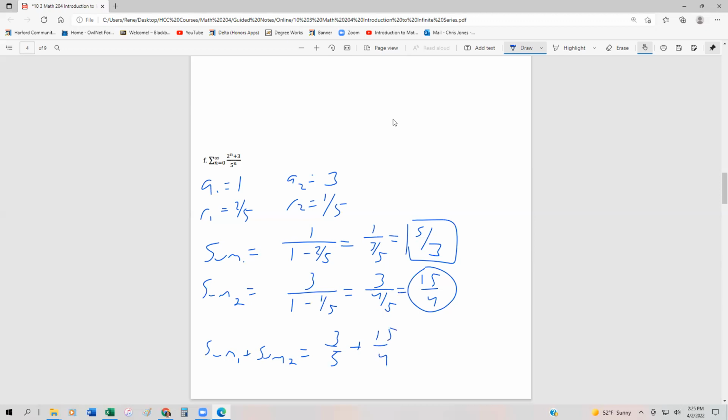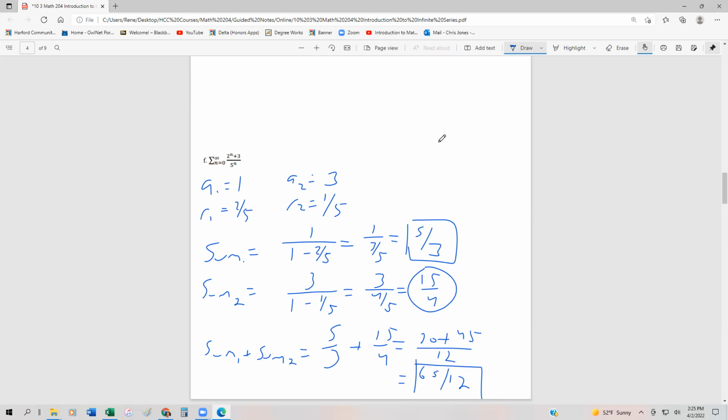I'm sorry, 5/3, not 3/5. If we get a common denominator of 12, that would be 20 plus 45 over 12, just by multiplying each of those. So that ends up being 65/12. And that's probably as good as we can get with that.